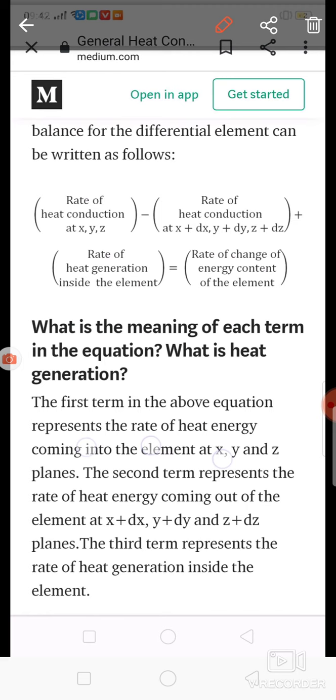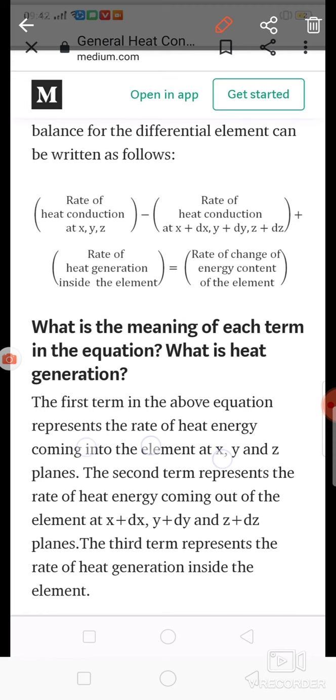So Qx heat is conducted into the element, and Qx plus dx is conducted out from the element. At the same time, some energy is generated within the element, so we consider the plus sign, because energy is added. Energy is created inside the element, so the rate of heat generation inside the element is equal to what?